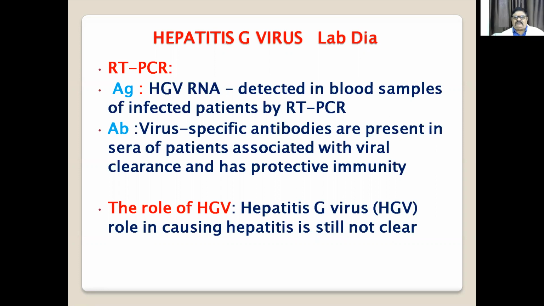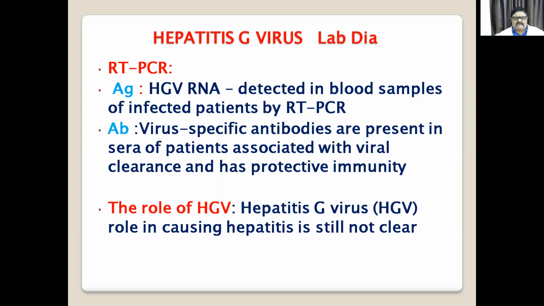So that is where we found out about this E virus. And then F, we said it is a part of hepatitis B and HBX, so that's why there is no letter F. And finally, we saw about hepatitis G virus, the role of which we are not sure in hepatitis, but it can be diagnosed by RT-PCR and antigen and antibody.